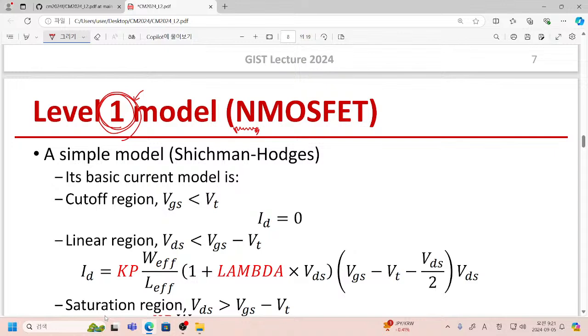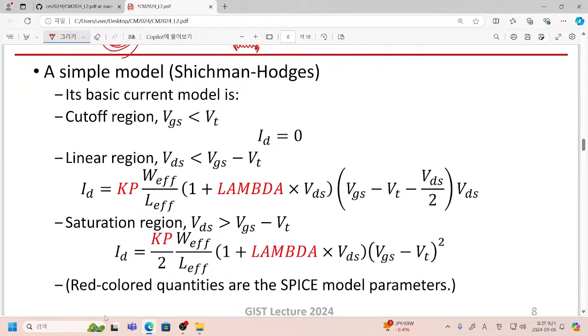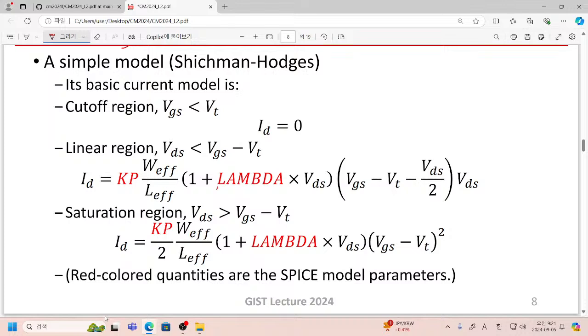But please be careful, because for example, a component like lambda is a positive value for N MOSFET, and if we follow just the sign difference between N MOSFET and P MOSFET, then we would have a negative lambda value for our P MOSFET.